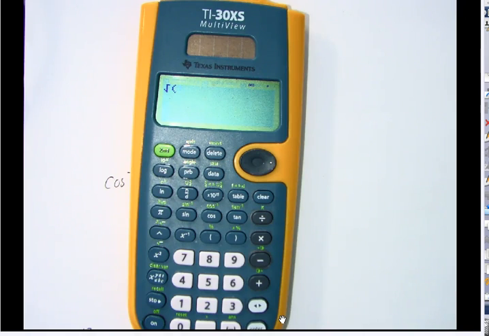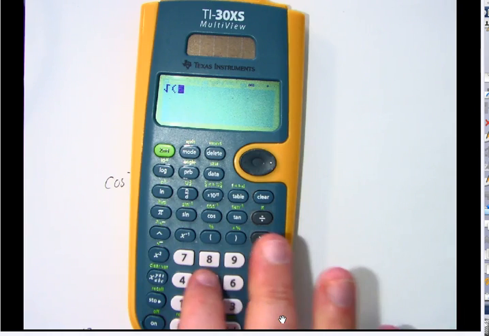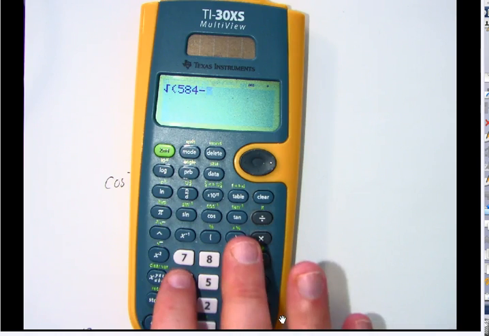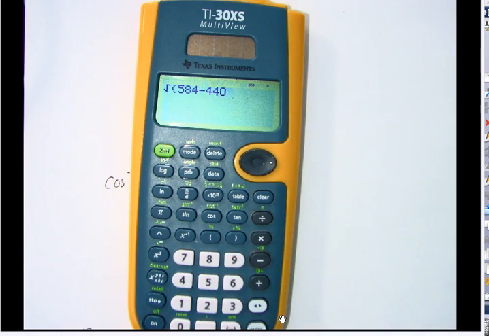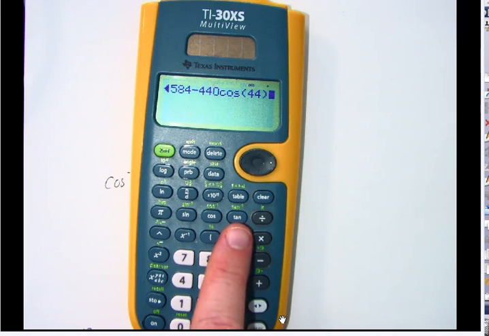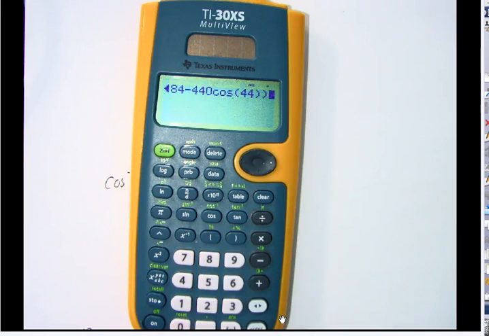And in my calculator, the square root opens up a parenthesis. Some of you, it might just extend the line. 584 minus 440 cosine, what was the angle, 44 degrees? 44. Close the parentheses for the 44 degrees, and then close the parentheses for the square root. And then I hit enter, and I get 16.35.